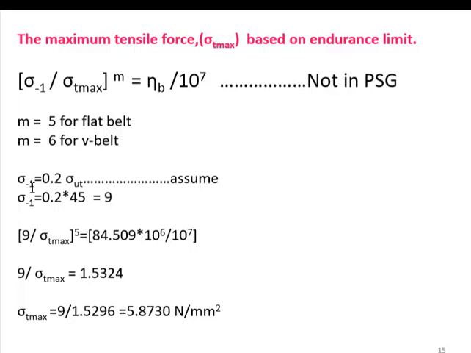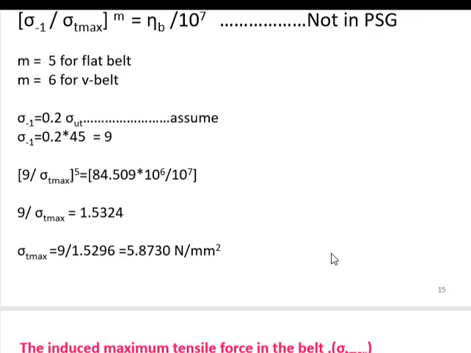Sigma minus 1, that is the nominal stress, is equal to 0.2 sigma ut. We know the sigma ut from the material properties. Hence, substituting those values will help me to find out sigma T max, which comes around 5.8730 Newton per mm square.